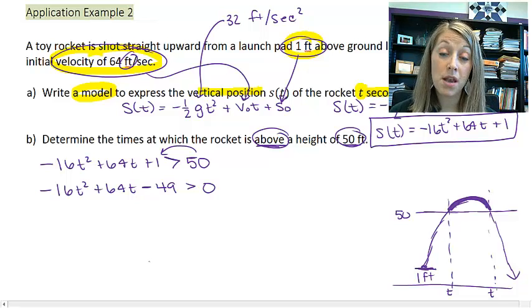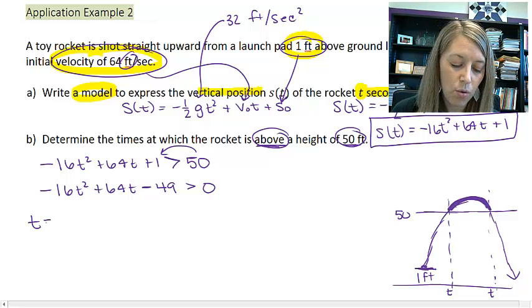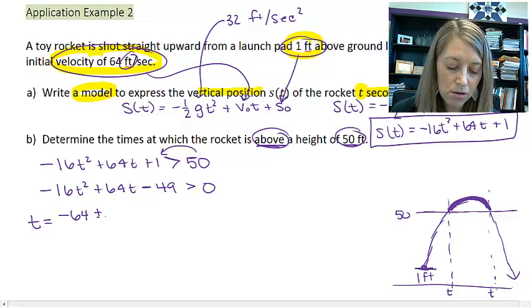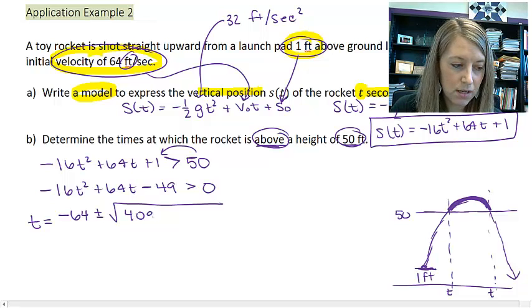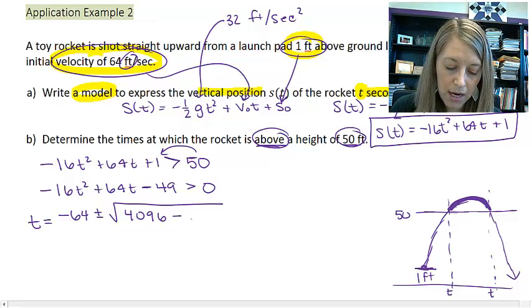Unfortunately, this one does not factor, so that means we have to solve it by completing the square, or my preference is the quadratic formula. T is equal to my negative b plus or minus square root of b squared, which is 4,096, minus 4 times my a value times my c value, all over 2 times my a value.